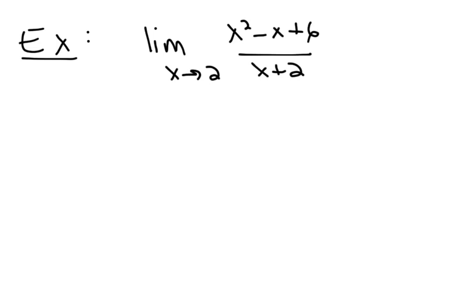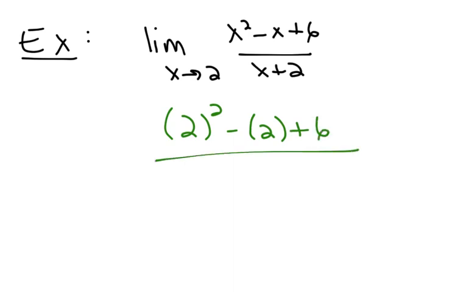Some limits you didn't even have to put in your calculator. As long as the value your limit is approaching does not make the denominator of a fraction 0, then the easiest way to do this problem is really to just plug in the limit for x, because the limit's going to be the y value at that value of x. And it turns out that I can plug 2 in here because the denominator is going to be 4.